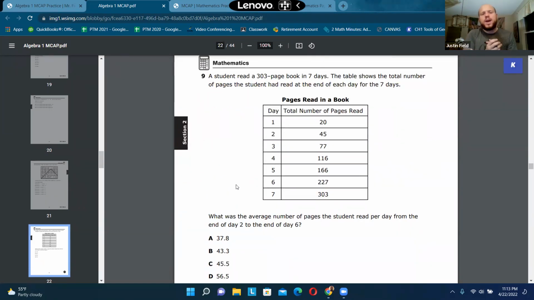A student read a 303-page book in 7 days. The table shows the total number of pages the student had read at the end of each day for 7 days. What was the average number of pages that the student read per day from the end of day 2 to the end of day 6?